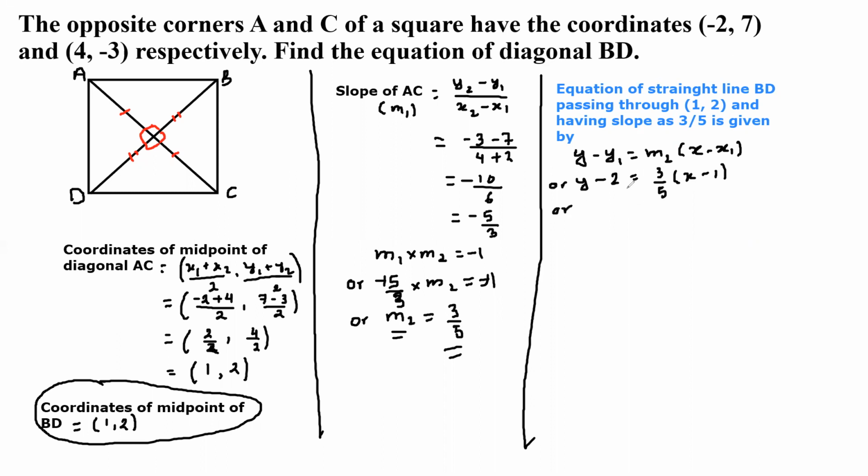Now let's cross multiply this. It is 5y minus 10 equals 3x minus 3.